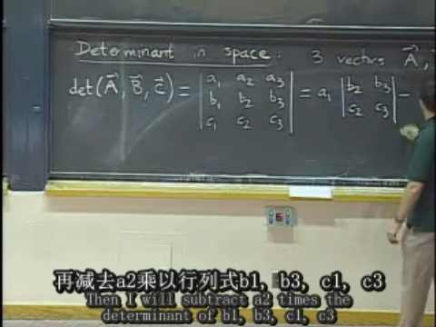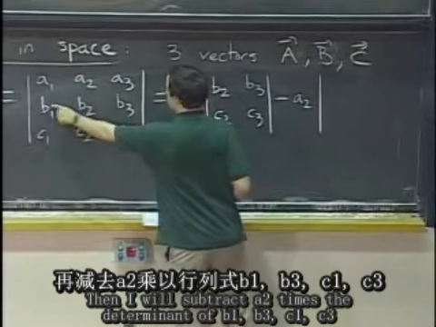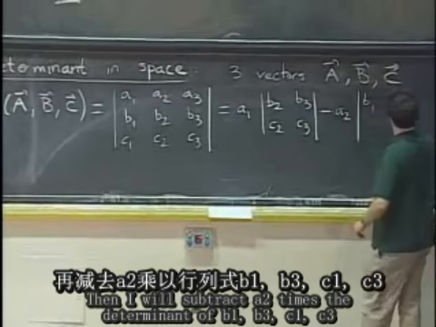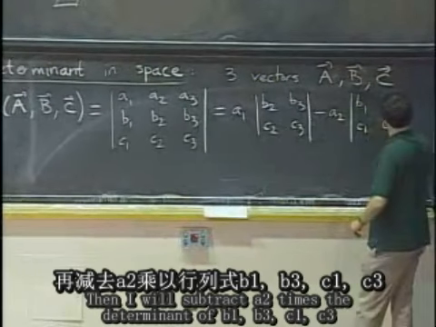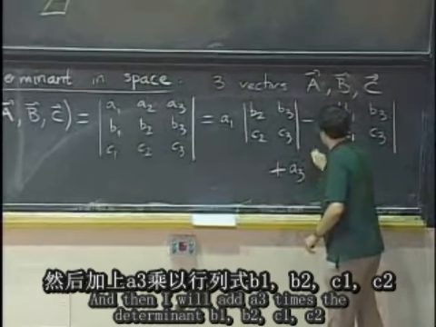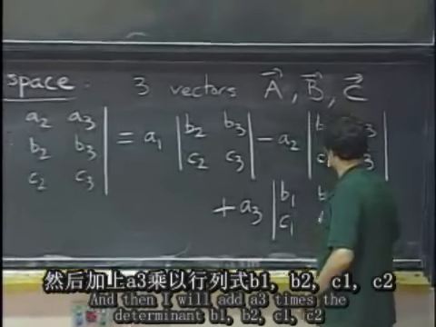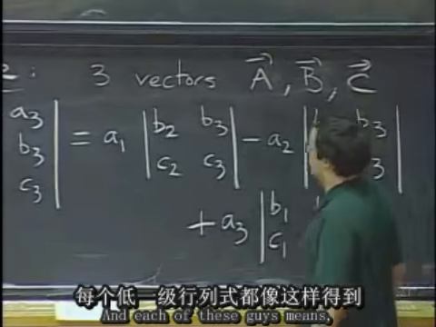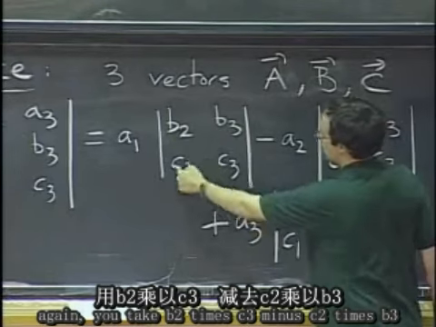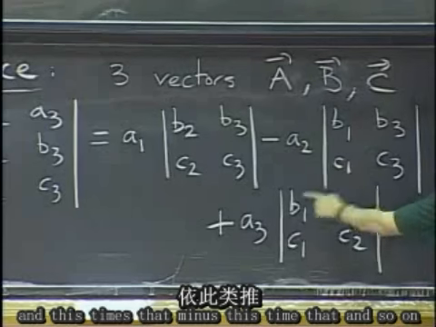Then I will subtract A2 times the determinant of B1, B3, C1, C3, and then I will add A3 times the determinant B1, B2, C1, C2. And each of these means, again, you take B2 times C3 minus C2 times B3, this times that minus this times that, and so on.